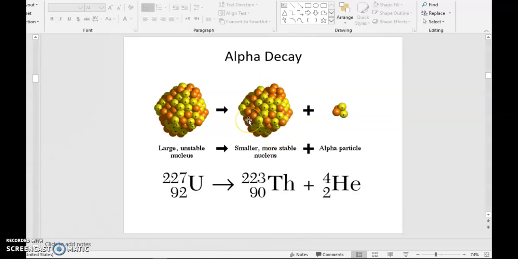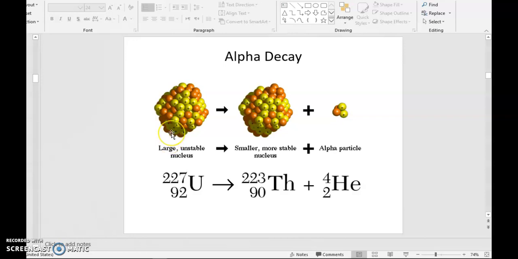So the decay is basically that you have a very active element that needs to turn into a stable element, and to do this, it emits radiation. And if you look carefully at this equation, it is a chemical translation of what we just explained.